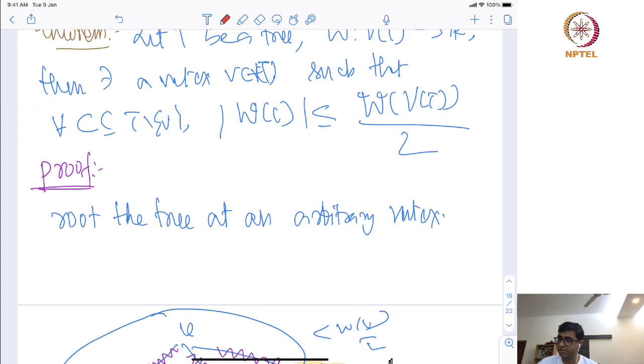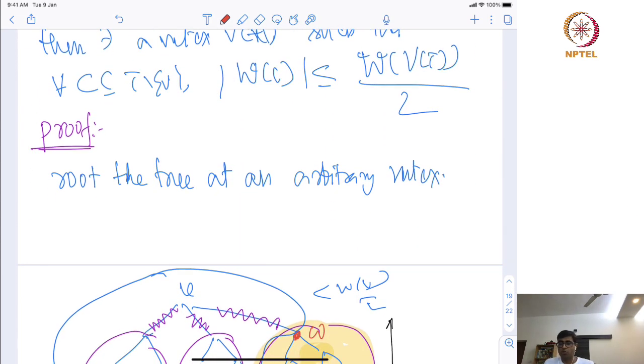It is great that even for trees, we can find a vertex such that every component has size at most half of the total.